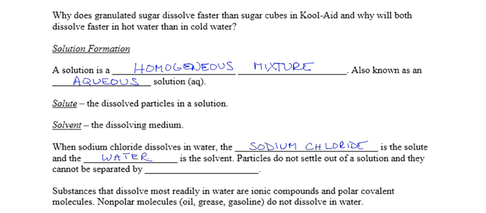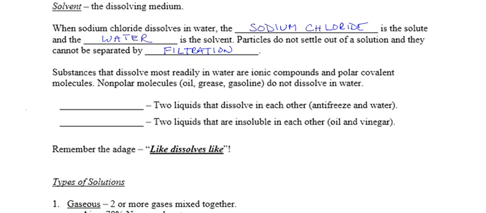You have to realize it's the water. Particles do not settle out of a solution and they cannot be separated by filtration. So if you put a solution through a coffee filter, nothing will end up on the filter.